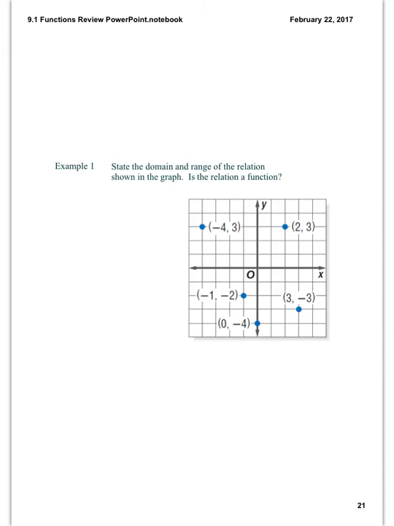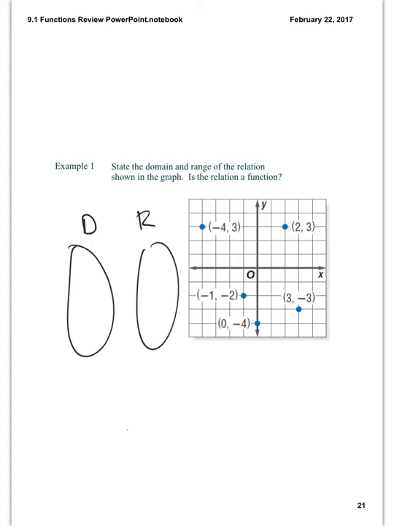All right, this is another example, and instead of giving you just a list of a relation, I gave you a graph of it. We can still do the same thing here and go ahead and make our Easter eggs. So if I have a domain oval and a range oval, I could label all of these points. I do have a point here, -4, 3, so -4 maps to 3.